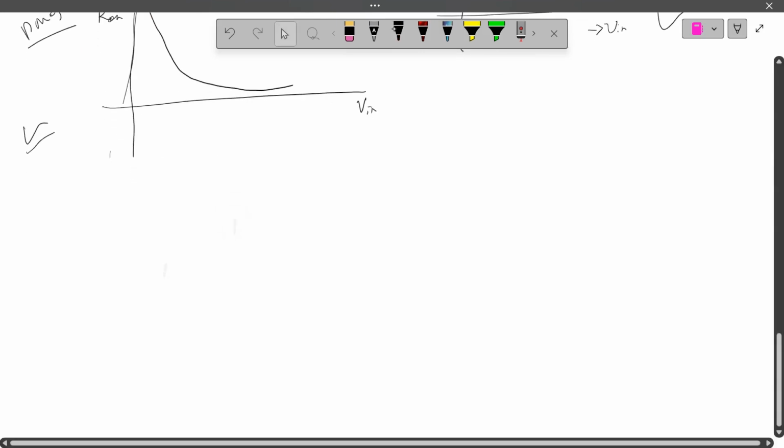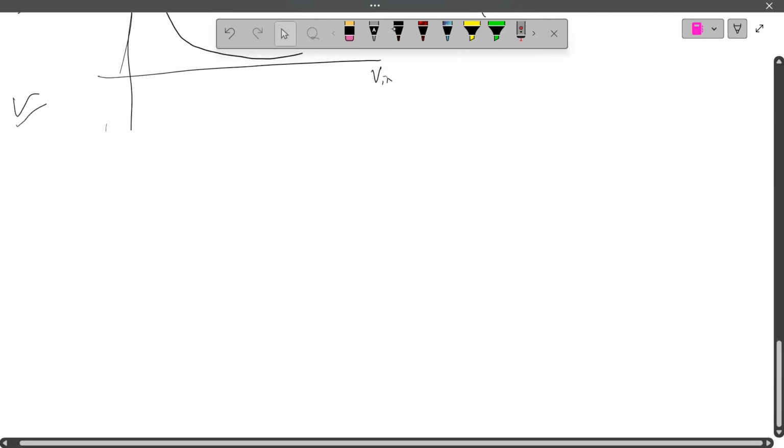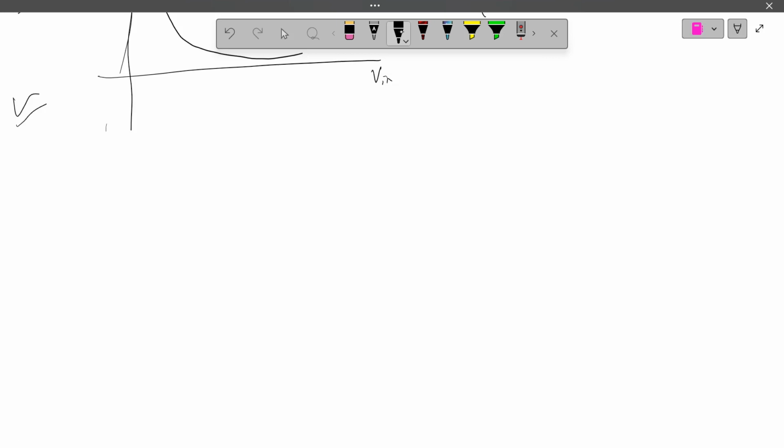Okay, so I'm going further to design the transmission gate. How will the Ron change with Vin if I take the transmission gate? Okay, so I'm taking the transmission gate here.